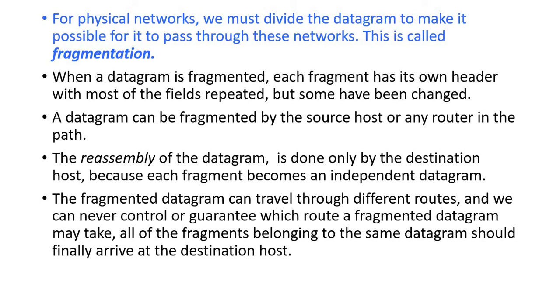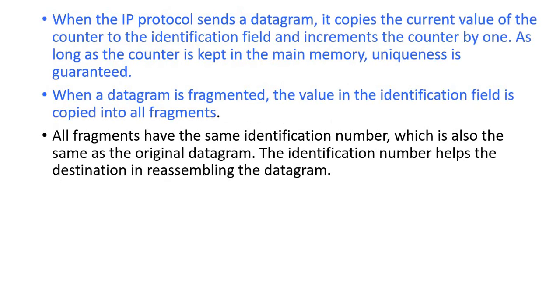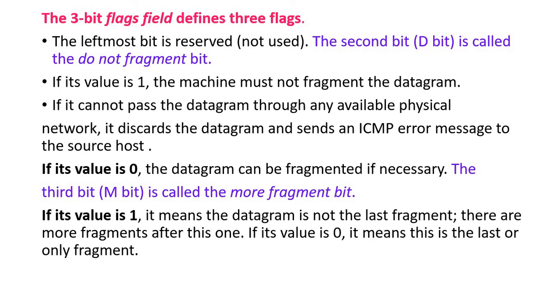And next, for the datagram, we consider the flag field. Apart from the identification field, which enables us to identify the source, the flag bits are very important. There are 3 flag bits.